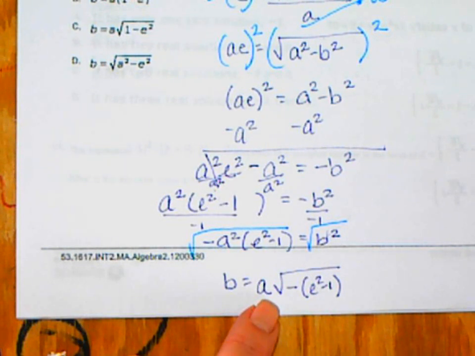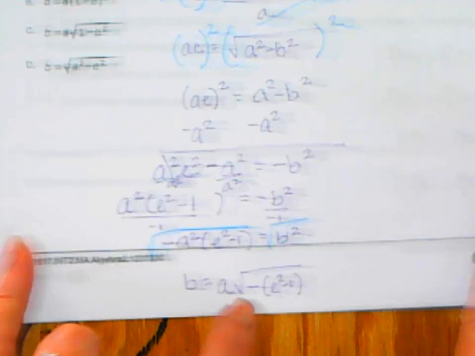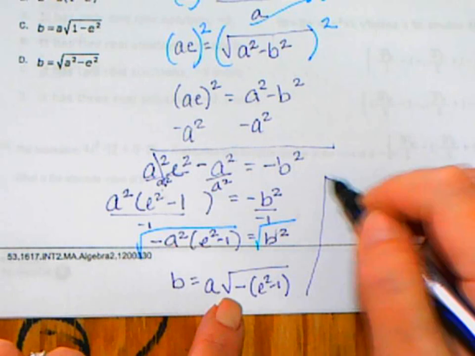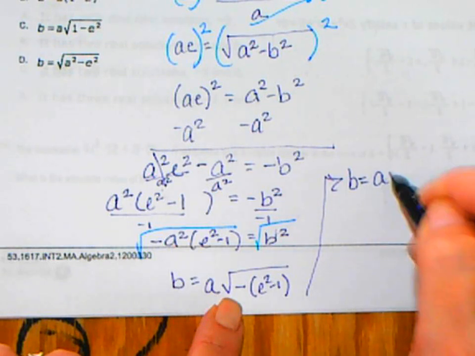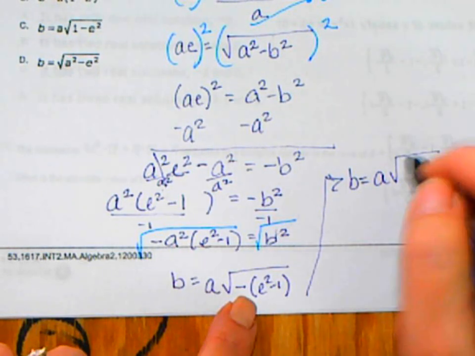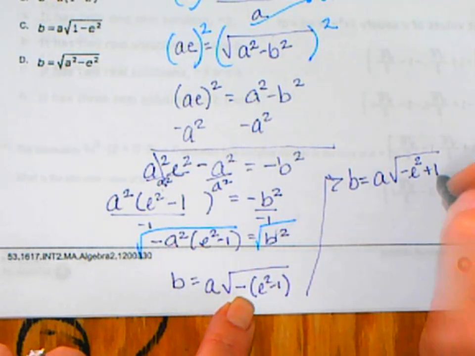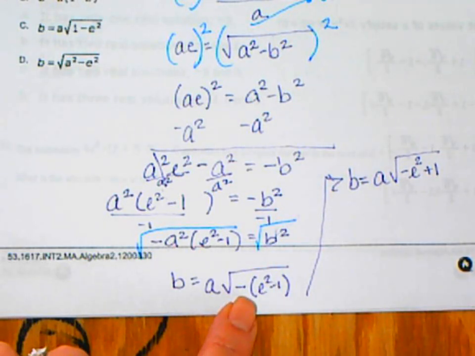And does that match any of my problems? No. Okay. What if I distribute this negative? So negative times e squared is negative e squared. Negative times negative 1 is positive 1. Does that match any of my solutions? Which one?